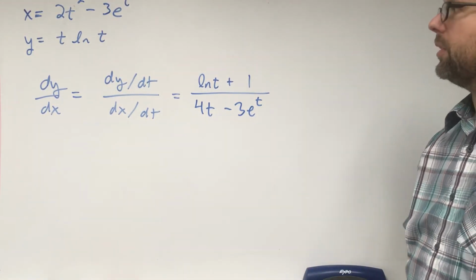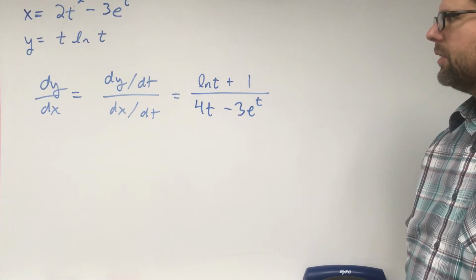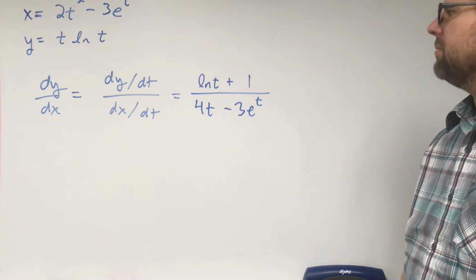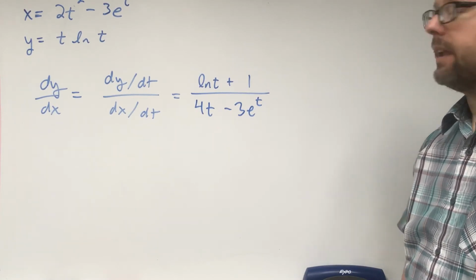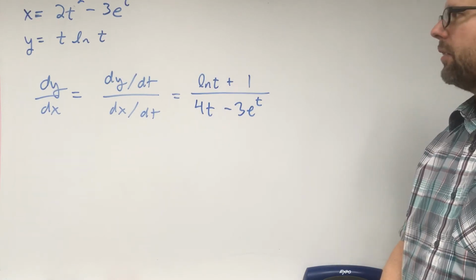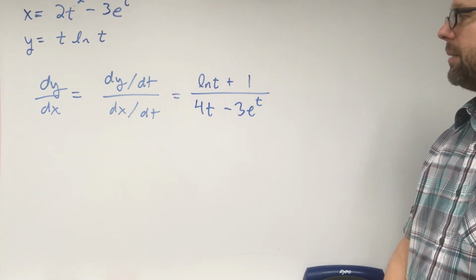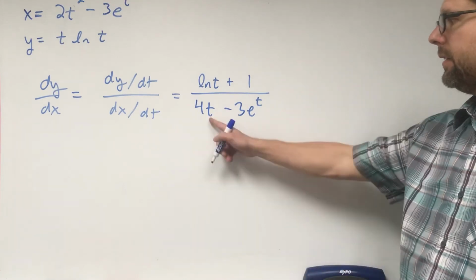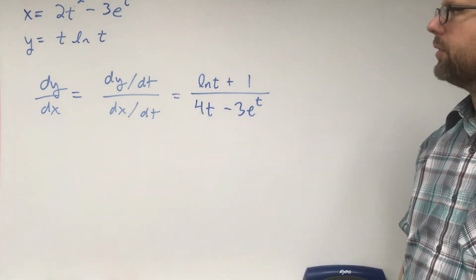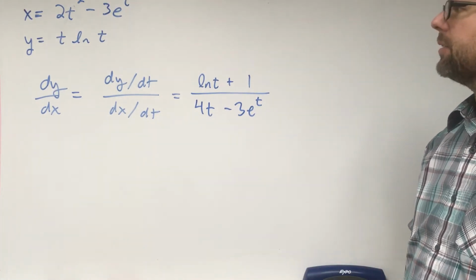Notice it's in terms of t. So if I want to figure out, say, the slope of a tangent line at a particular x and y coordinate, I need to know the t value that corresponds to that xy point.